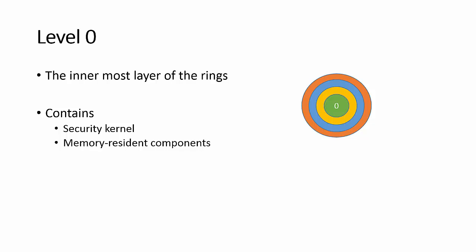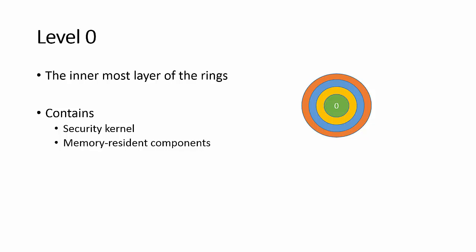The innermost layer of the rings is called level 0 in the protection rings hierarchy, and it contains something called kernel. And kernel in this case means the core element or component of your operating system.